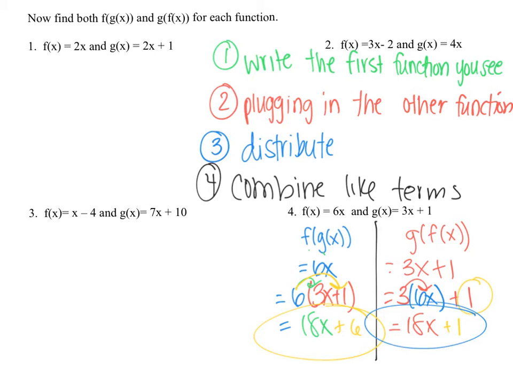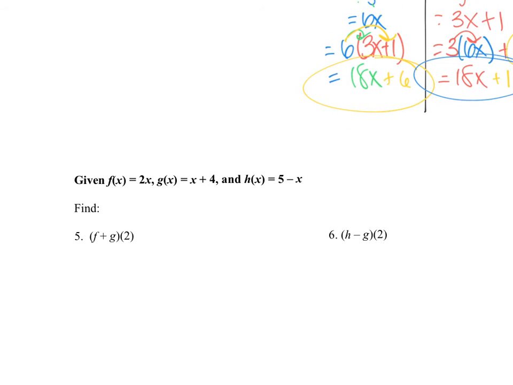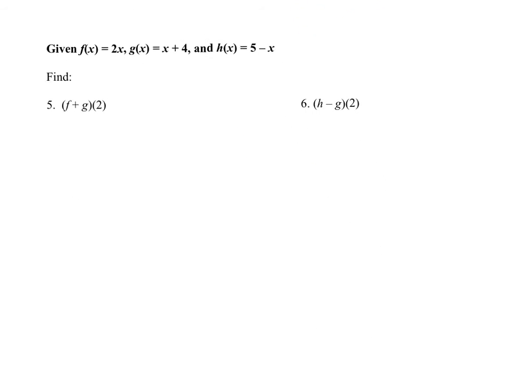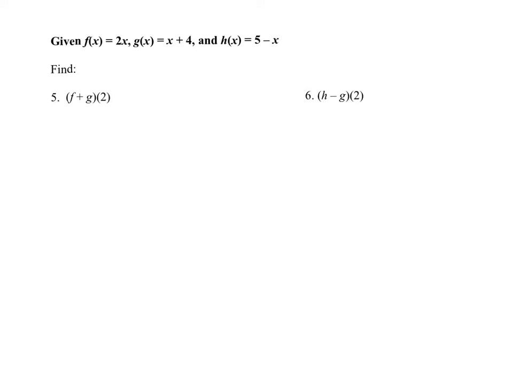Yeah? Okay. Now, this is a little bit of both, okay? So this first one, I'm looking at 5. Is this function operation or is this composition of functions? What does it look like? Remember, I'm going to write this down quick.